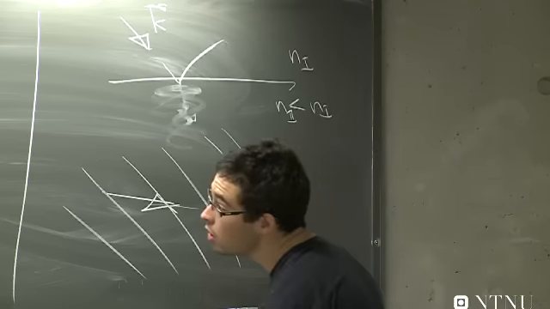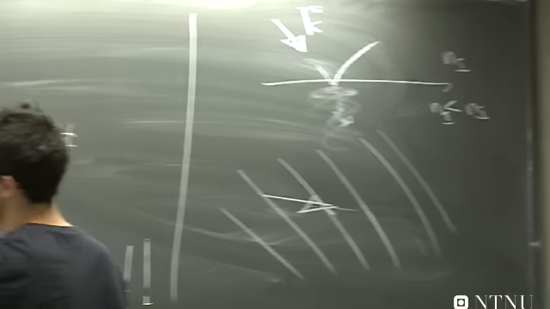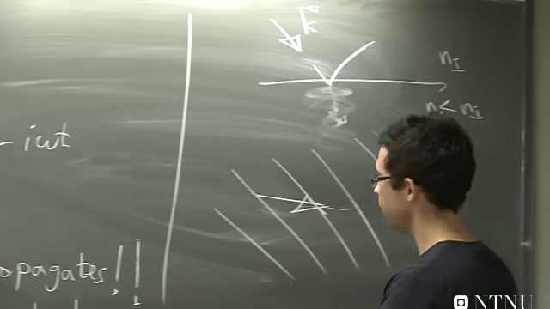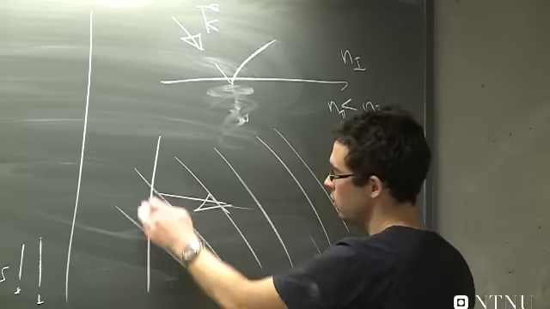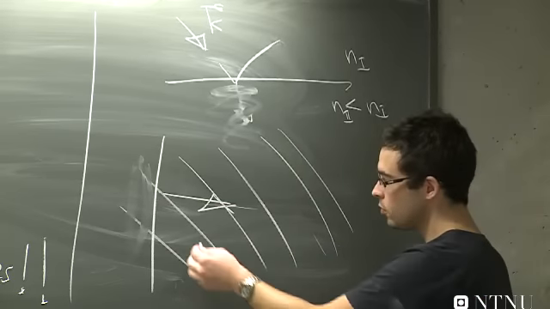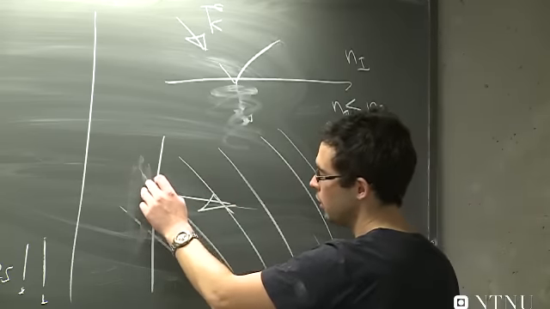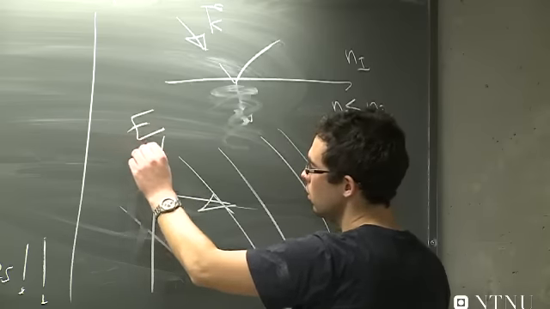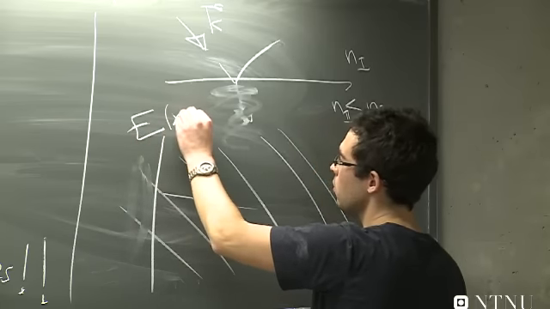So let's see the 1 over e depth. So if, let's say, you shine light on some metal perhaps, and then you have some field intensity here. Let's call it E of x equals 0.